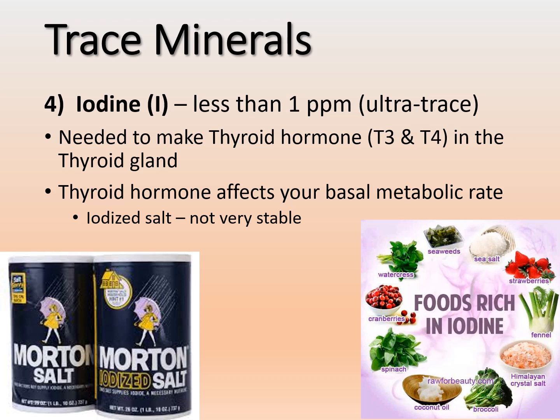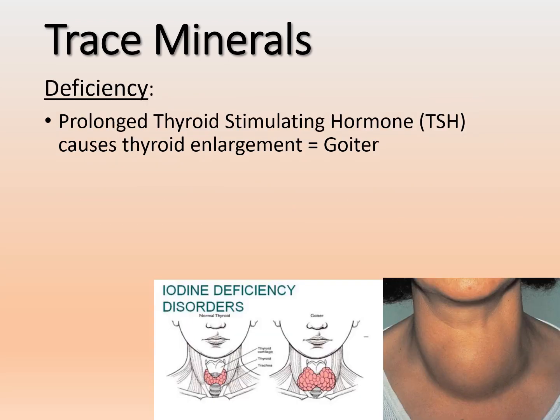So we do add it to our diet. There are foods that are rich in iodine, but we do see iodized salt. Iodine is not very stable, so you can add it into salt, and that's one way to get it into the diet.